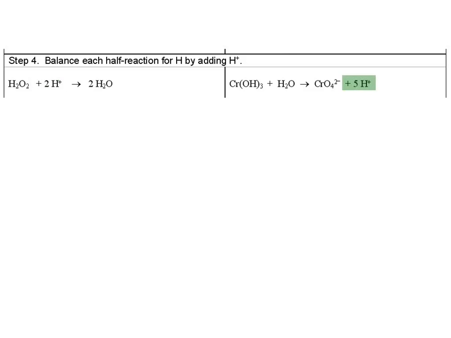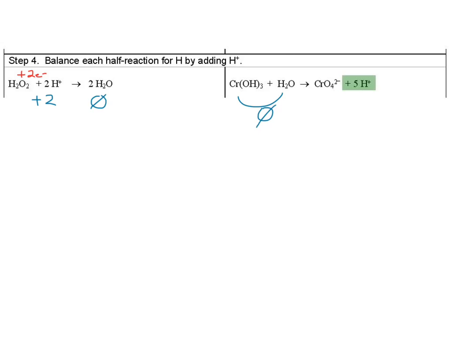Now's when we are going to go ahead and balance for charge. So let's take a quick look at what we got. Charge-wise, looks like I've got a +2 here, and we've got a 0 here. So to make it 0 over here, we're going to add 2 electrons. Looking at the other side, we've got 0 over here.